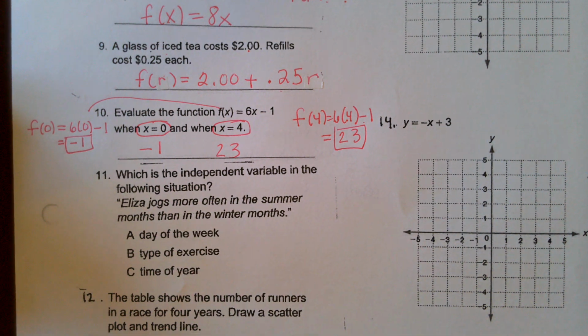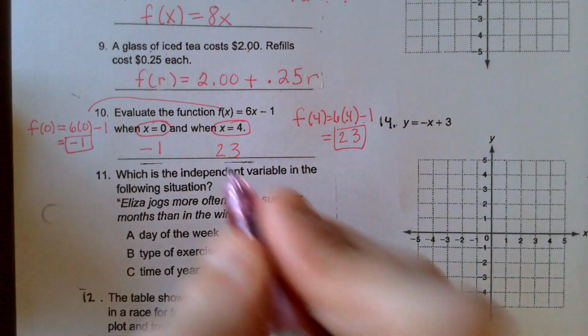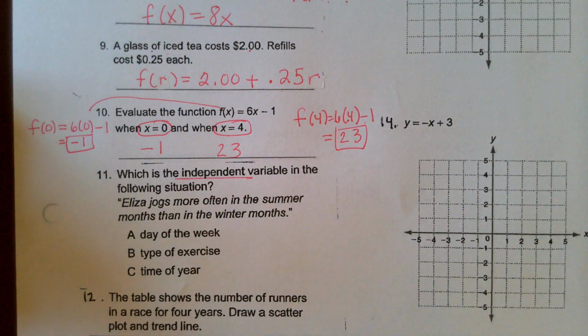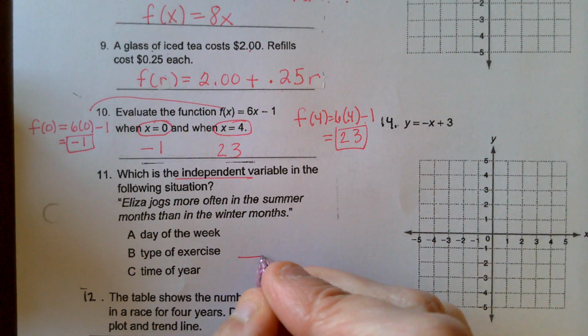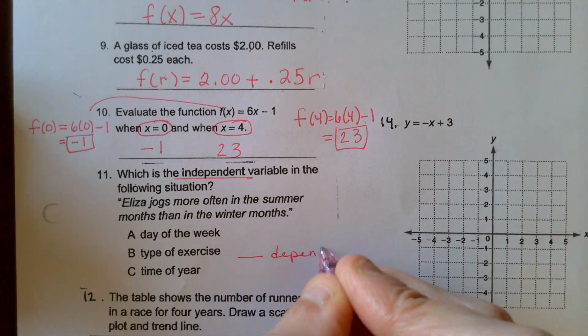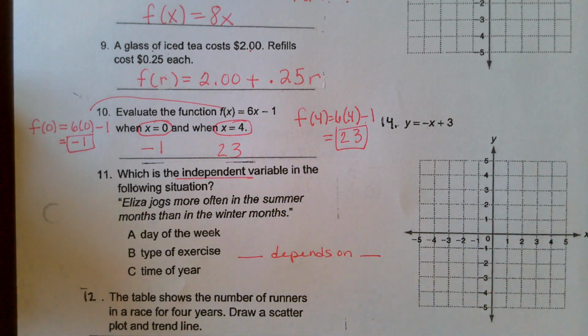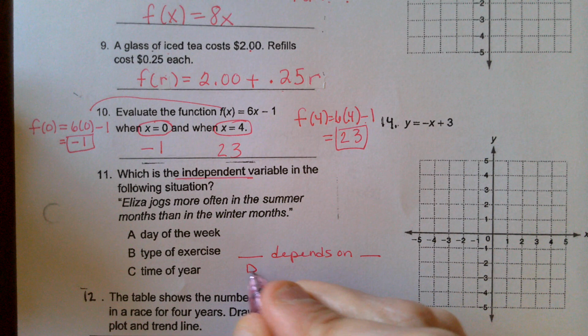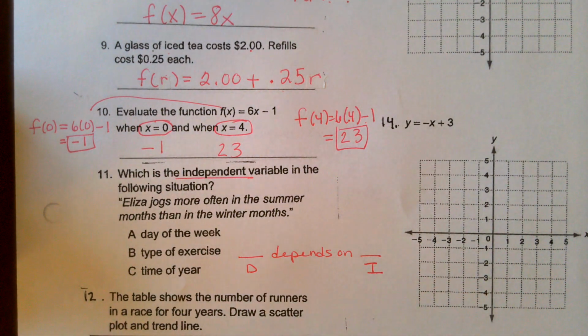All right, 11. What is the independent and only the independent? So you're not getting dependent in this one. Eliza jogs more often in the summer months than in the winter months. So what depends on what? This is your dependent variable, and this is your independent variable.